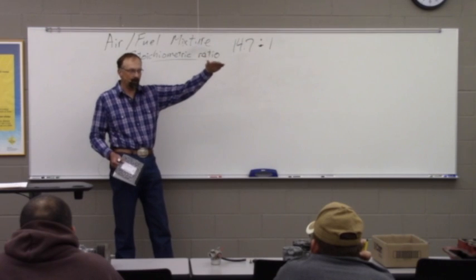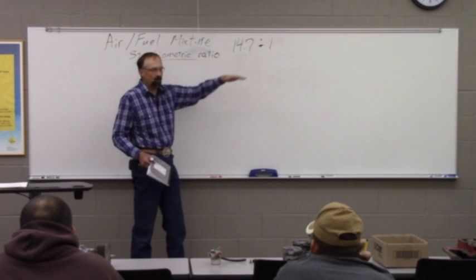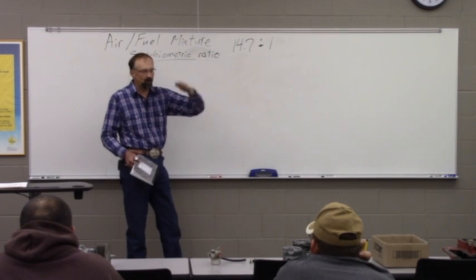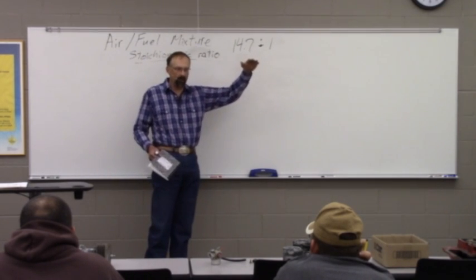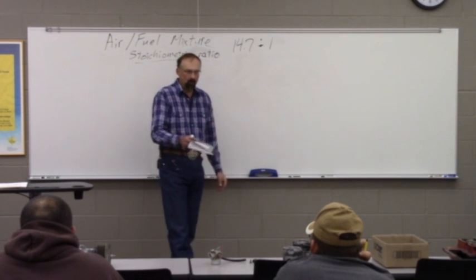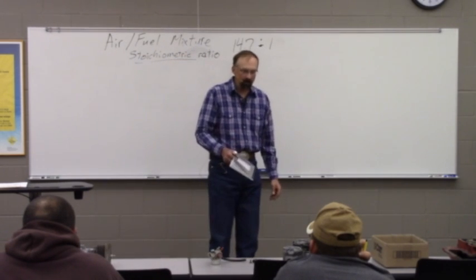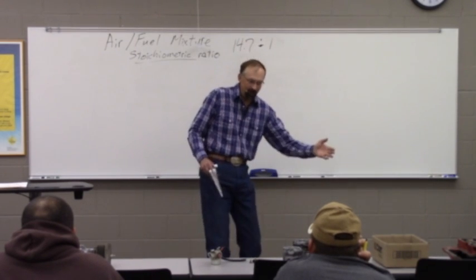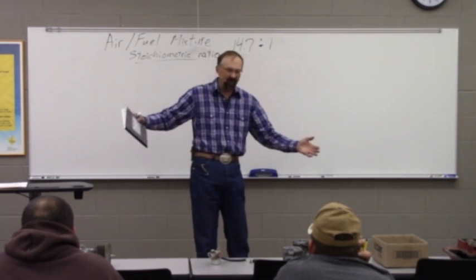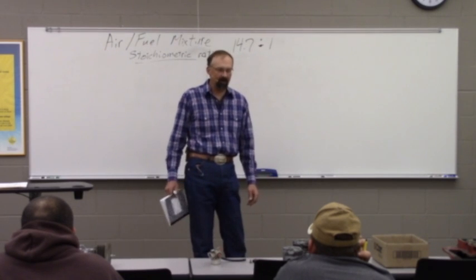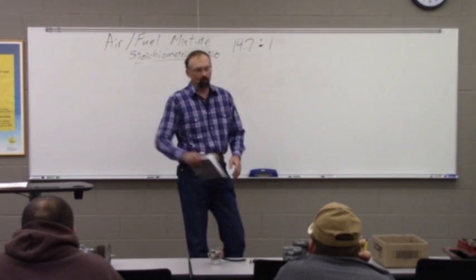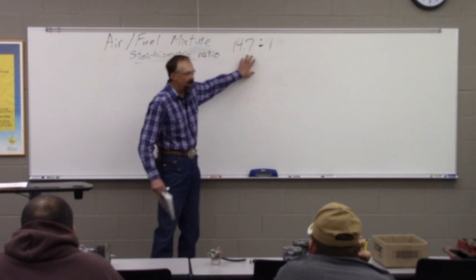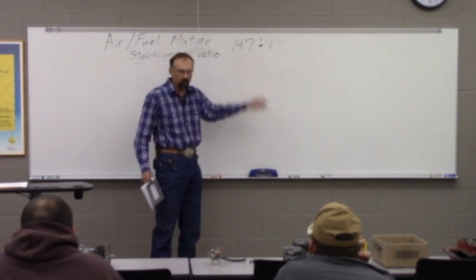Once we get it up to 1500, if we want to stay there, we want to go back to this. But during that acceleration process, when you're sitting at the stoplight and you want to go 60 miles an hour down the highway, when you're going from 0 to 60, we want to give it a little extra gas. Does that make sense, Joe? And once we get to 60, we want to go back to this balance of air and fuel.